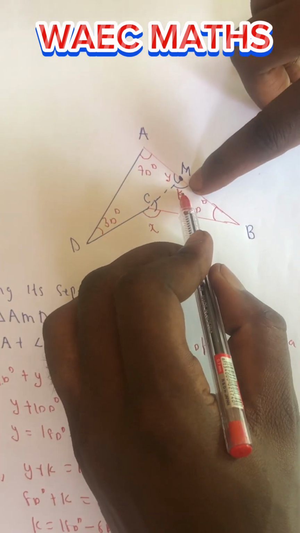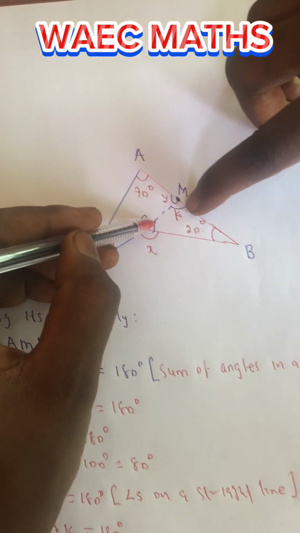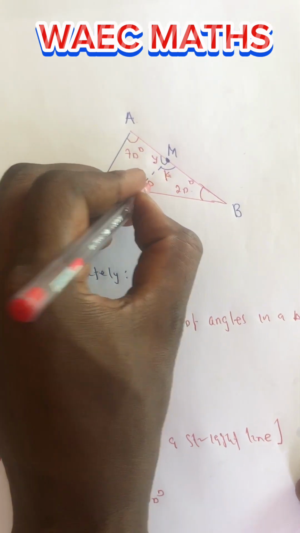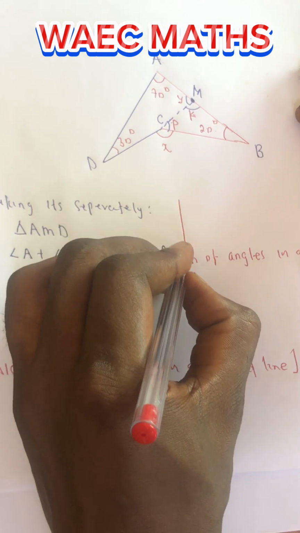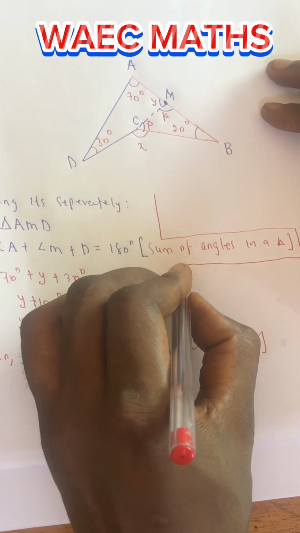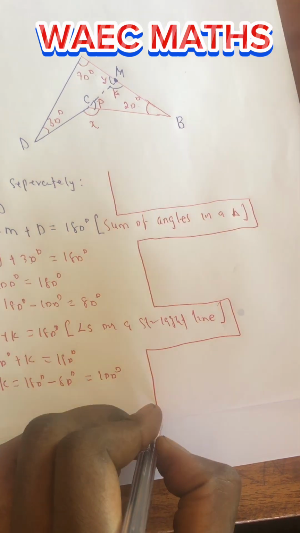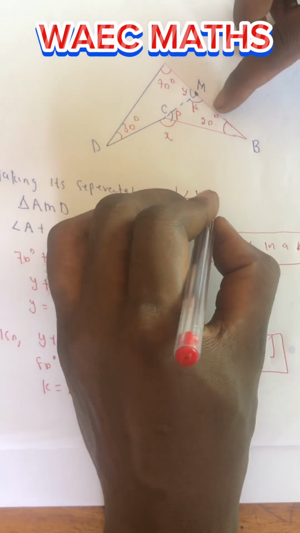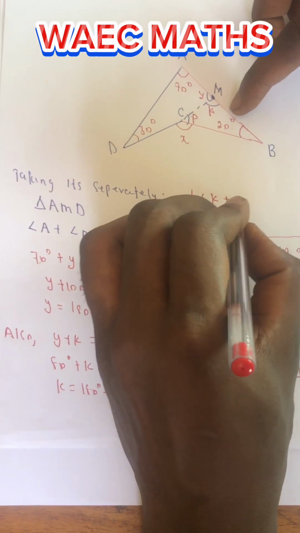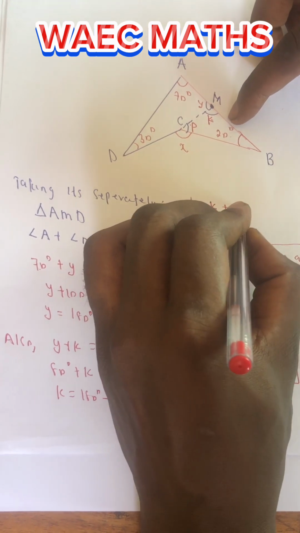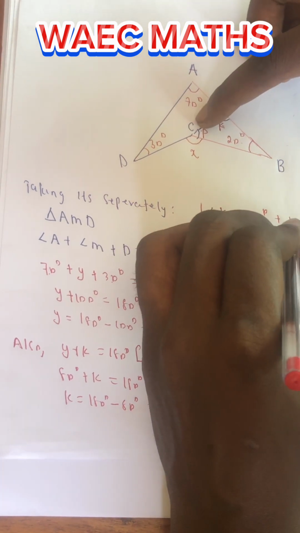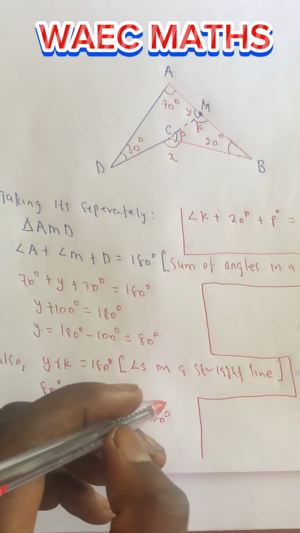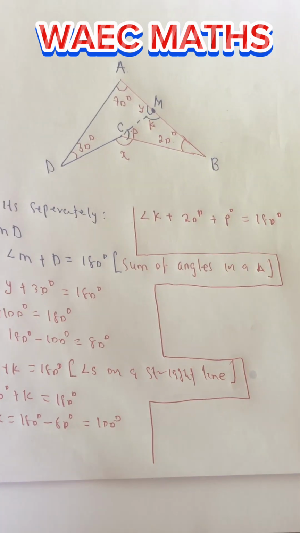So now, since I know this place and I know here, I don't know this place. Let me call this place P. By looking at it now, we will notice that angle K plus 20 degrees plus P degrees will be equal to 180. That's the reason, the sum of angles in a triangle.